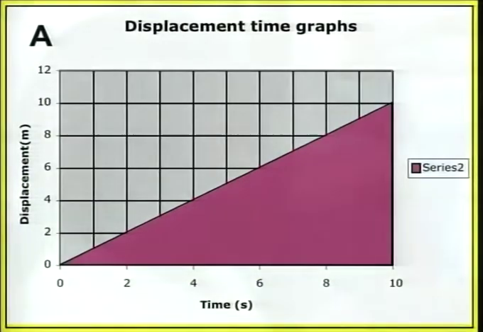Uniform velocity. The slope will be the velocity.